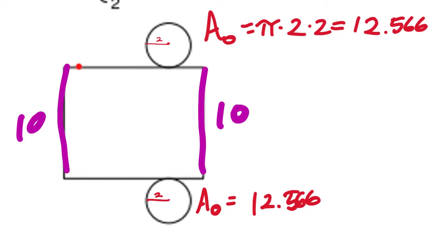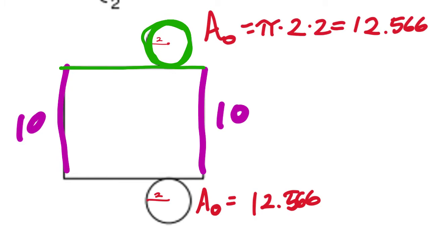But finding this length is a little bit more complicated than just length times width, because this whole length right here is going to go around this circle. Because it has to go around the circle, the length that I have in green there is the actual circumference of the circle.